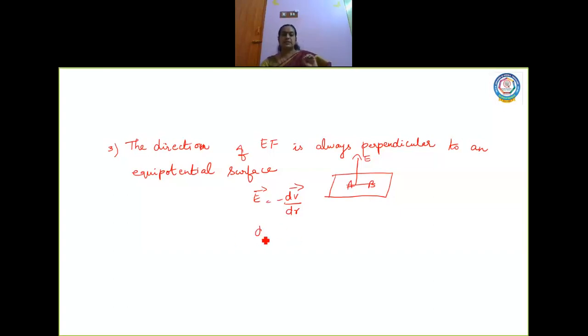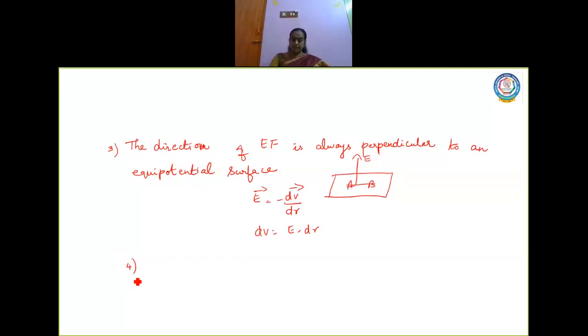I'll just prove it. dV is equal to E dot dr, right? So E dot dr is scalar. E dot dr, the magnitude will be E dr cos theta. Okay. So E dr cos theta, what should be the value of theta? Theta should be 90. So E vector perpendicular to dr vector, in that case theta is equal to 90, which proves that electric field is exactly perpendicular to an equipotential surface. Is it clear, children? Right. Now next we move on to the fourth point.